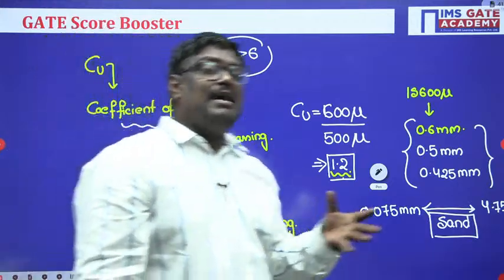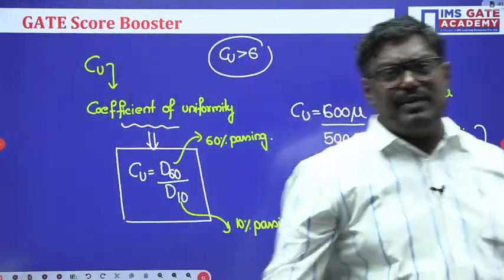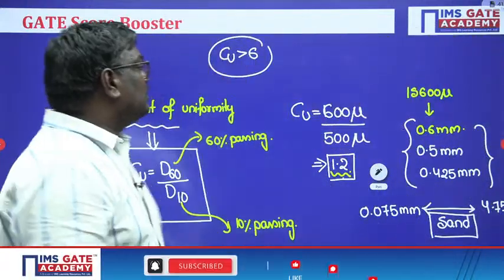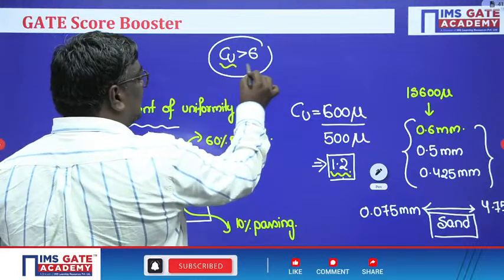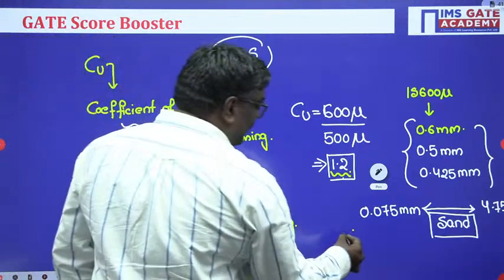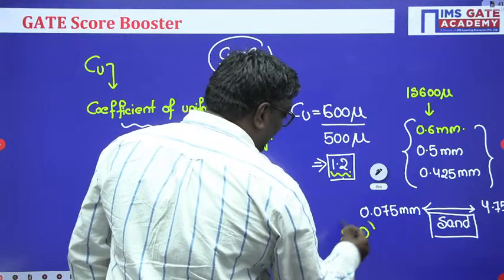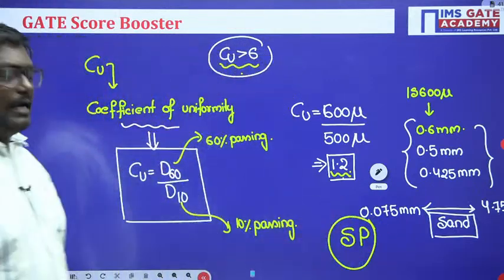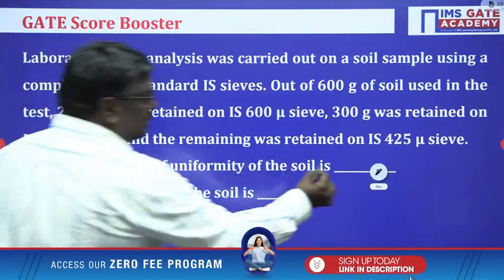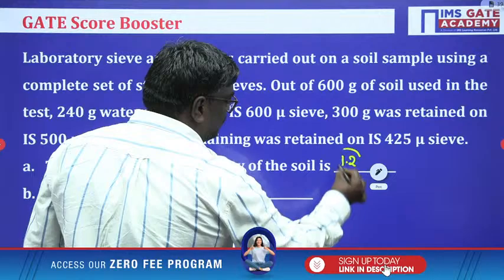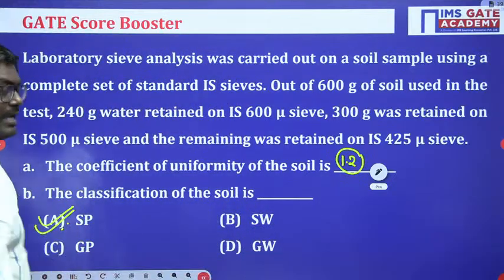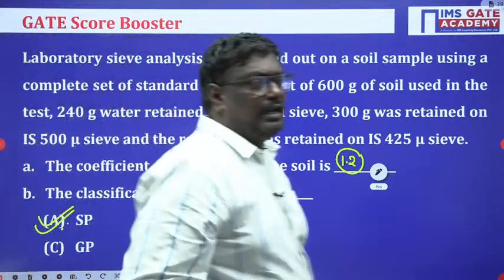When Cu is greater than 6, only then we say it is well graded. So the final answer here will be SP, that is poorly graded sand. The coefficient of uniformity is 1.2, which indicates poorly graded sand. I hope you are clear, students.